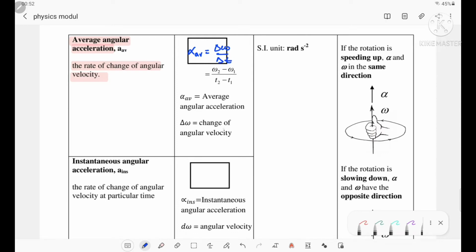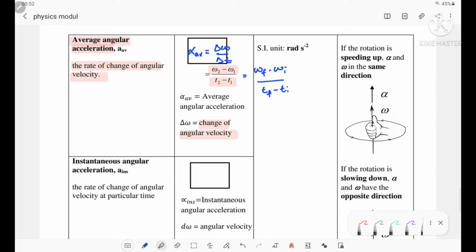Delta omega is the change of angular velocity, or you can write omega 2 minus omega 1 divided by t2 minus t1, or omega final minus omega initial divided by t final minus t initial.